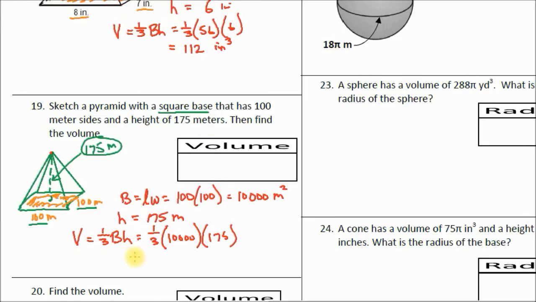So our volume is going to be approximately, because we're rounding, 583,333.33. So let's transfer our answer here. 583,333.33 meters cubed. All right, looks good.